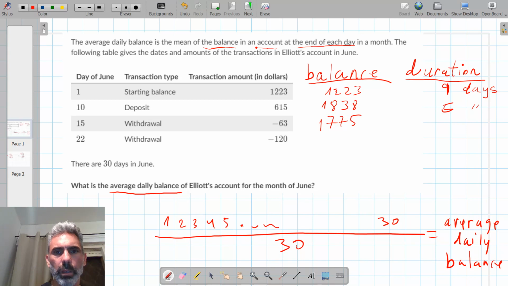Okay, and this balance has stayed the same from June 15th until June 22nd. And on June 22nd, it has changed. So it stayed the same from June 15th to June 21st. So 22 minus 15 is 7 days.